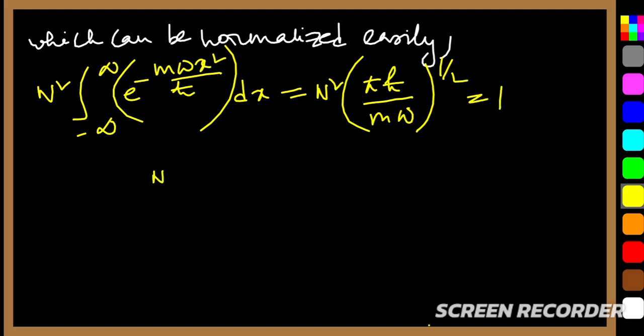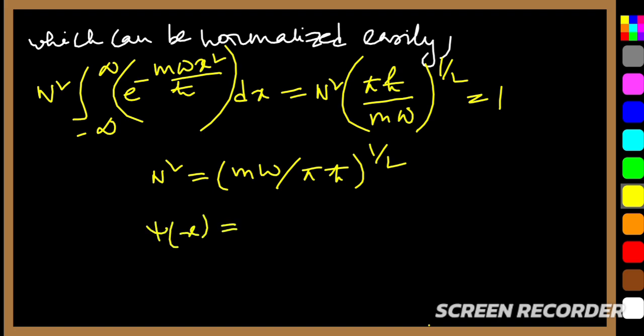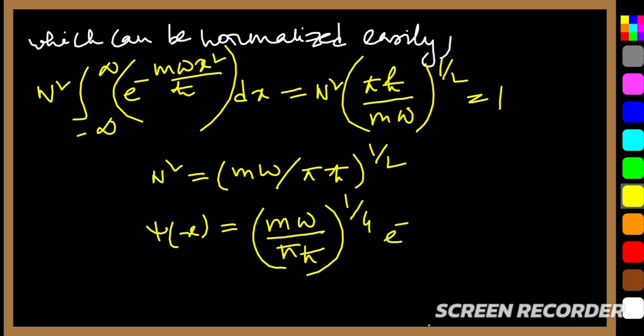From here N equals m omega by pi h cut to the power 1 by 4. So from here we get psi(x) equal to m omega by pi h cut whole to the power 1 by 4 times e to the power minus m omega x square by 2 h cut. So we get these.